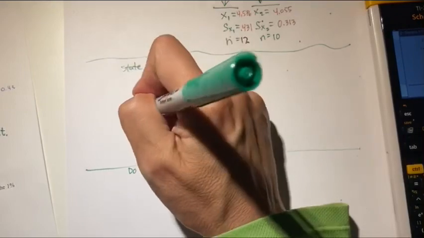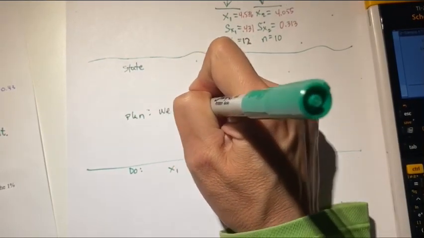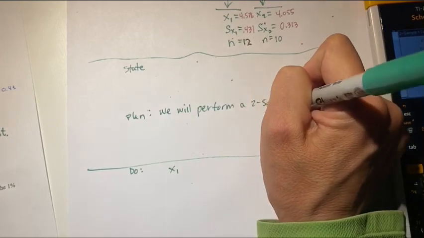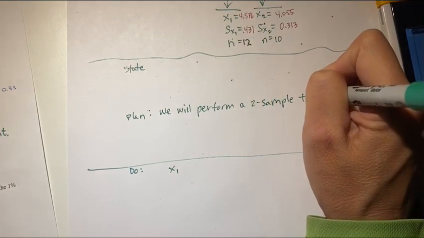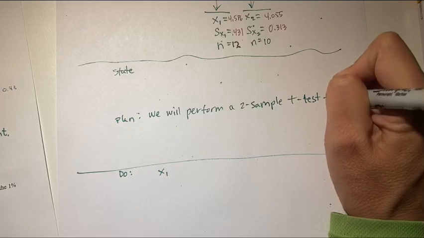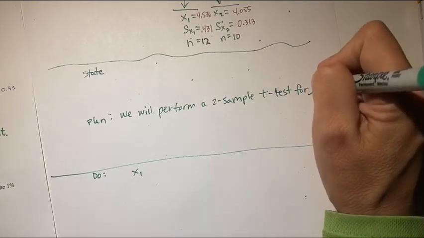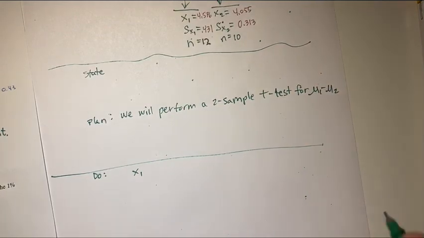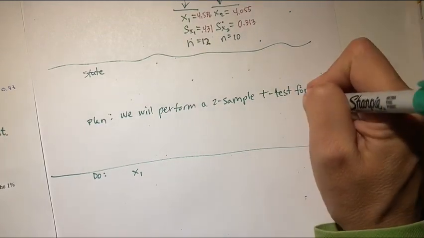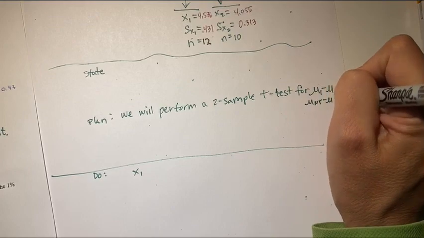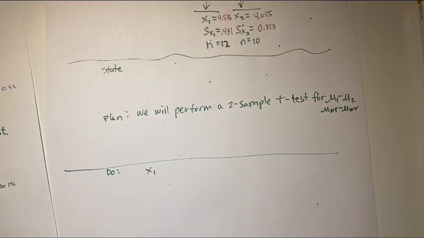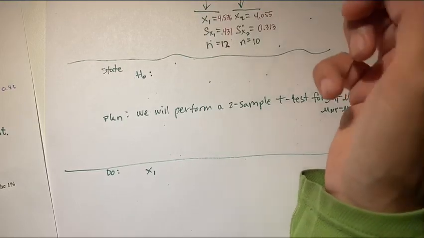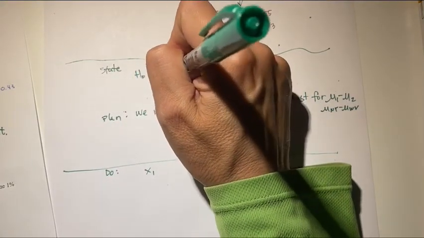So what's my plan? We will perform a 2-sample t-test for mu 1 minus mu 2. Well, what is that? It's New York minus West Virginia, right? So this helps us come up with our H sub O, which is that they're the same.